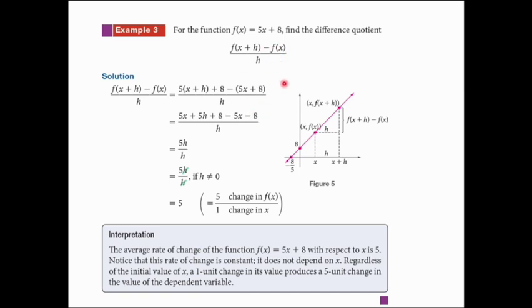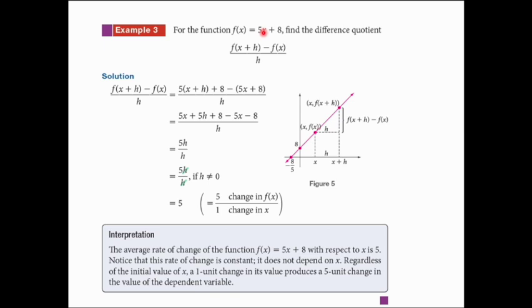Let's see, where's our function? Here's our function. It says our function is f of x is equal to 5x plus 8. And we're going to find the average rate of change using this form of the difference quotient. So to find f of x plus h, everywhere in the function, I'm going to replace x with x plus h.